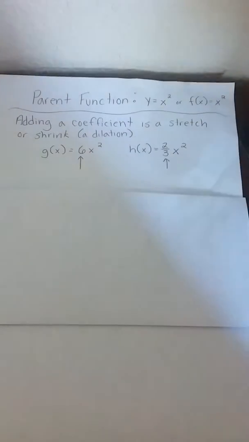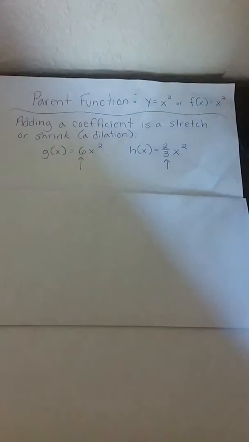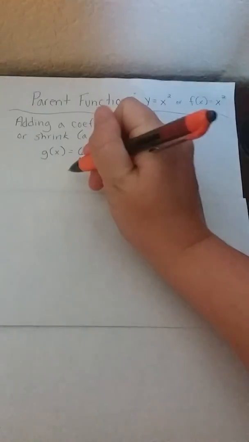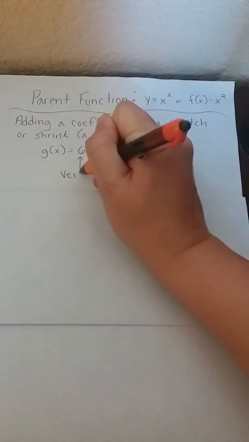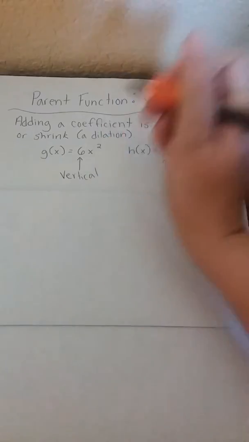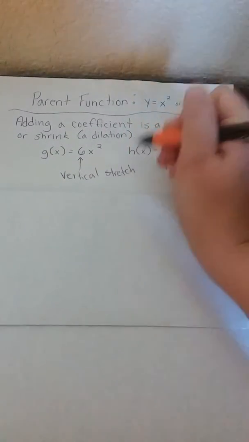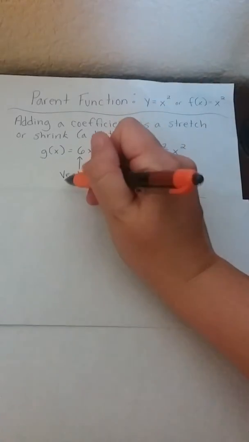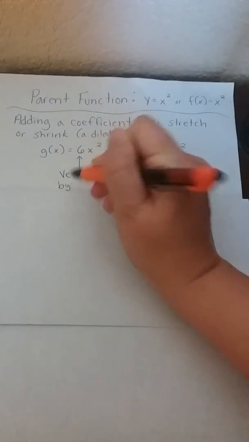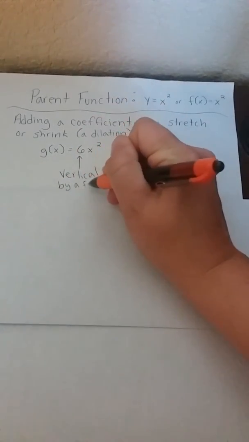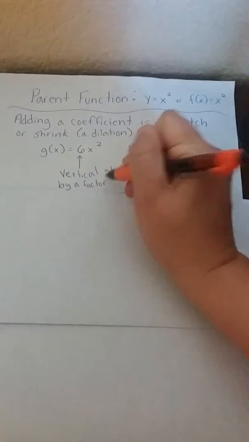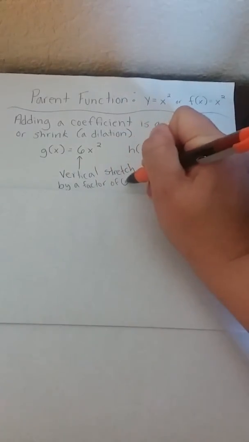The 6 is a coefficient. Because 6 is greater than 1, we say that this is a vertical stretch. It's getting bigger because the scale factor, or the coefficient, is more than 1. It's a vertical stretch by a factor of 6.